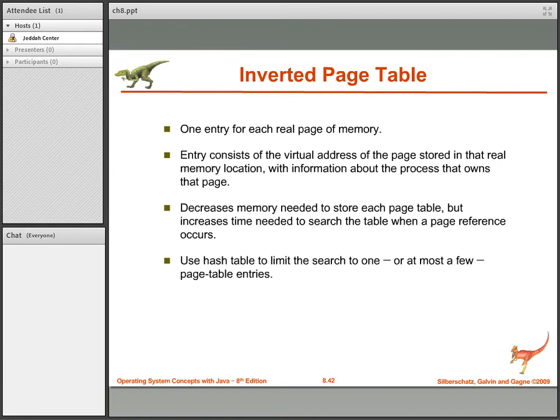This scheme decreases the memory needed to store each page table, but increases the time needed to search the table when a page reference occurs. We use hash table to limit search to one or at most a few page table entries.